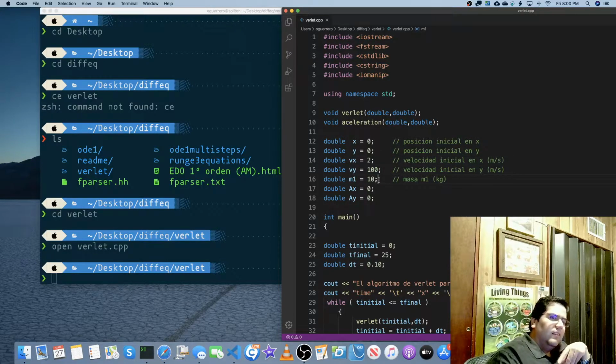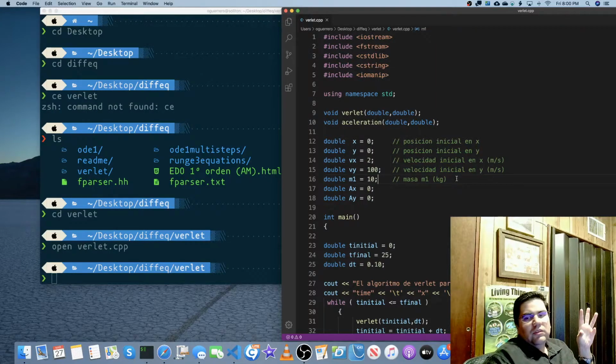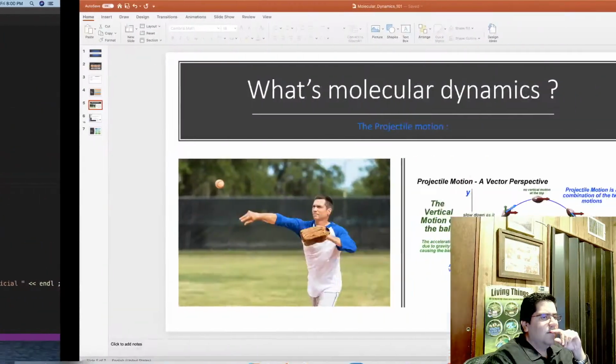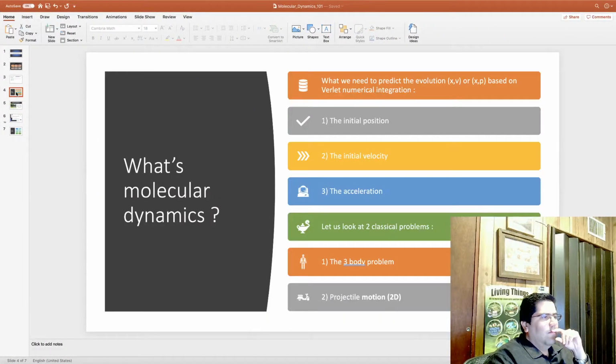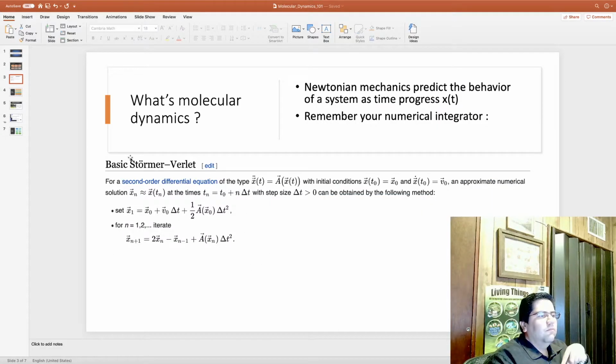Then the mass, m1, I put 10, but if you want to make it easy, you don't have to put it down, because when we go into the integration, we don't need the mass, at least here.